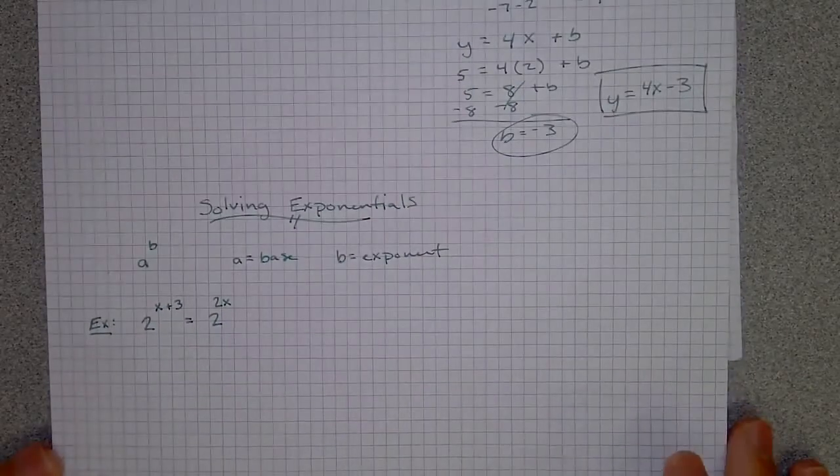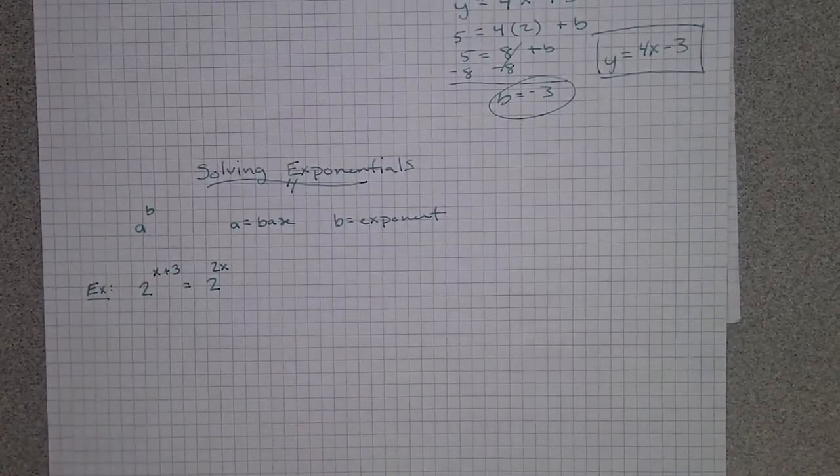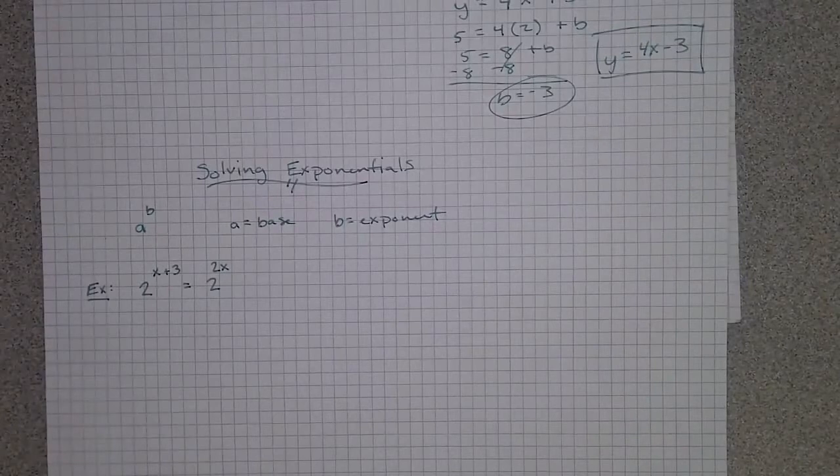So let's say we have an example that looks like this, where we have 2 raised to the x plus 3 equals 2 raised to the 2x.